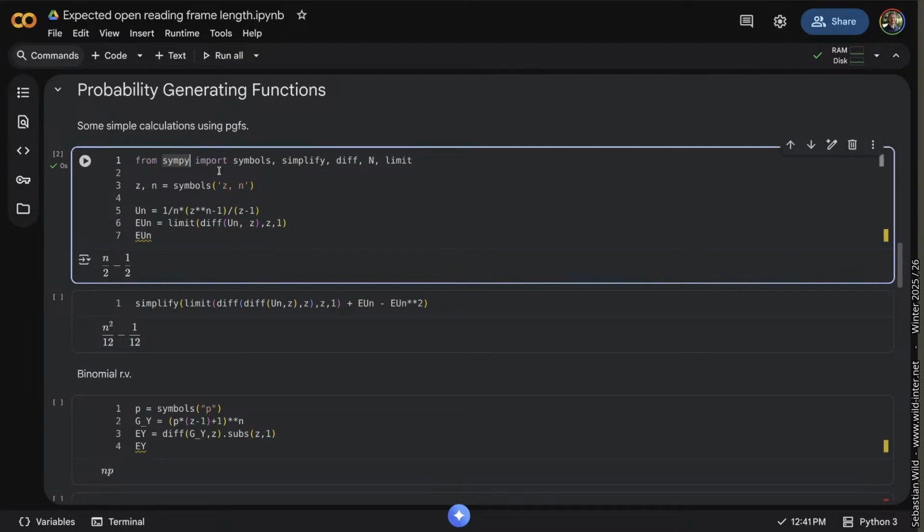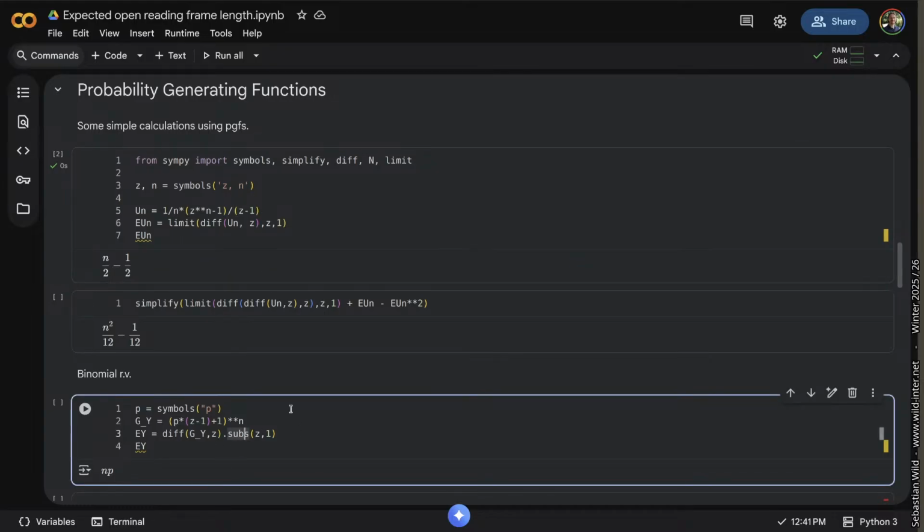There's this symbolic computation module in Python, and we import some functions that we're using here in the next few cells. You have to define symbols. That's what you're working with in the formula, but then you can write down terms in a very natural form. Like this generating function here, you just express it as a standard Python expression. And you can take derivatives and you can set things to 1 with the subs function that we've seen last time and is used here as well.